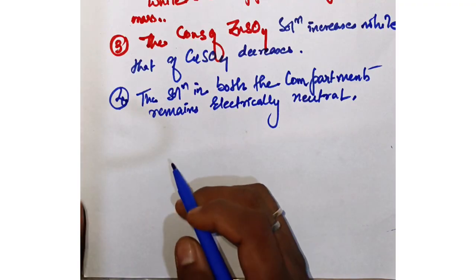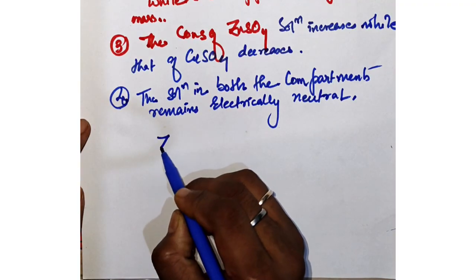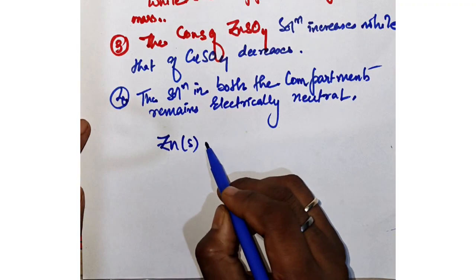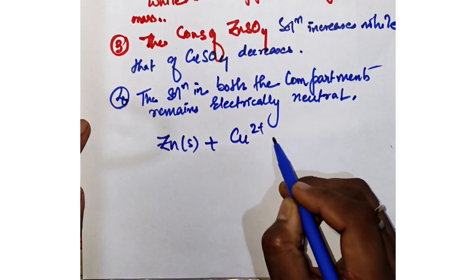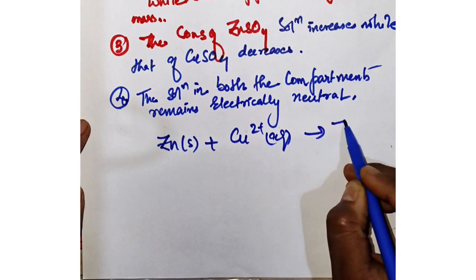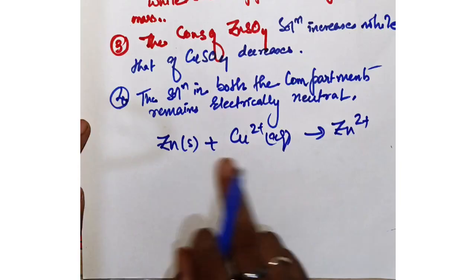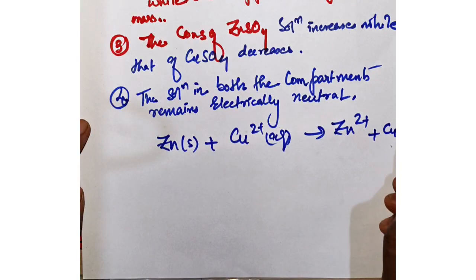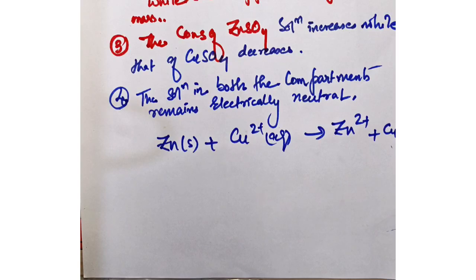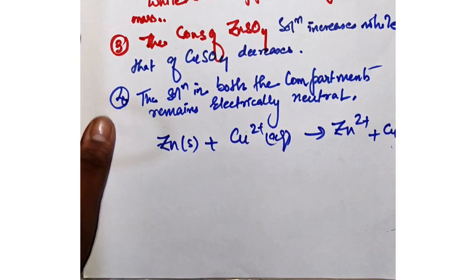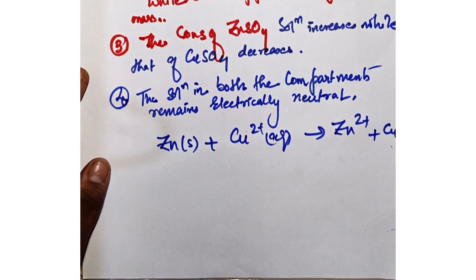Thus the redox reaction takes place. Zinc reacts with aqueous copper ions and forms Zn2+, that means zinc dissolves and copper becomes solid. So this redox reaction is taking place.